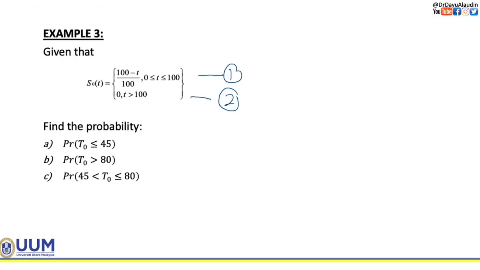B. Probability T0 greater than 80. So the sign is greater than, so it's referring to the survival function.